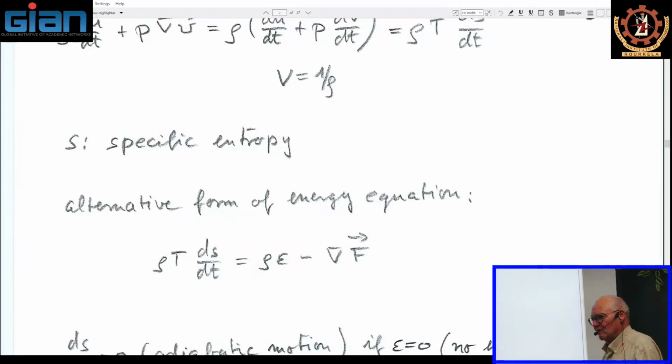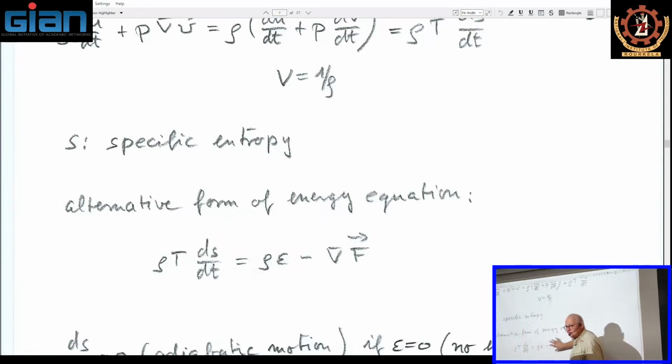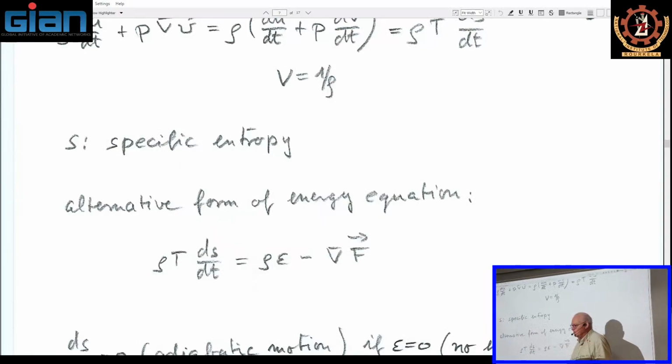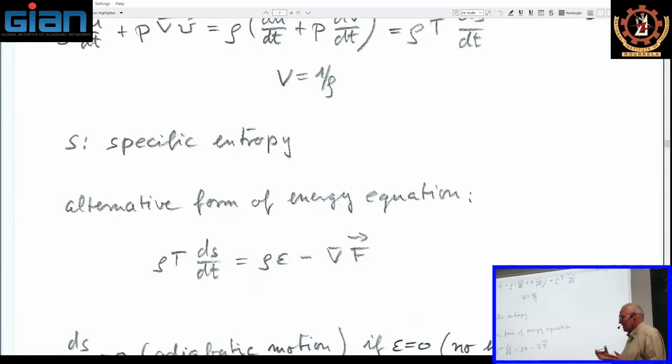If the entropy is constant, this is simply another way of saying the motion proceeds adiabatically. It means that there is no heat exchange between the mass element and its surroundings. There is no heat gain or heat loss in the system. It means dq, or T times ds, is zero.